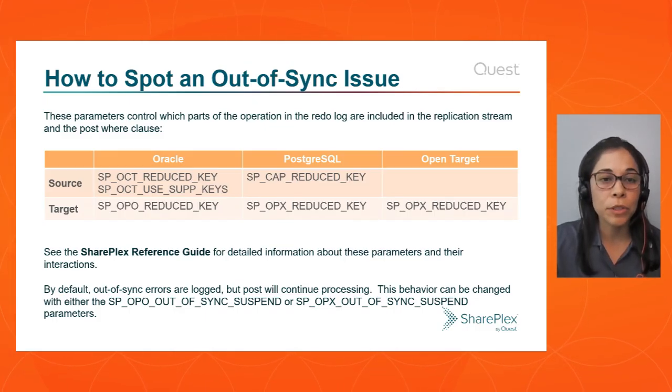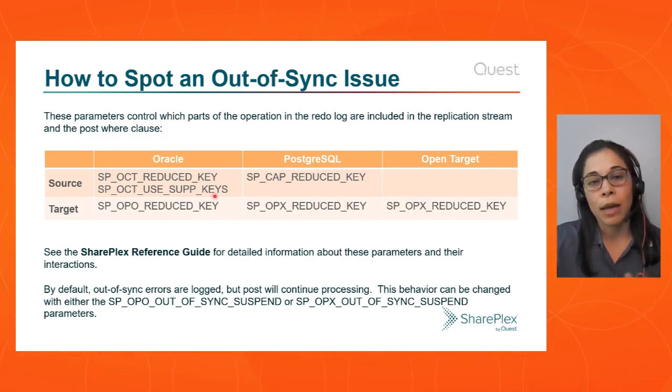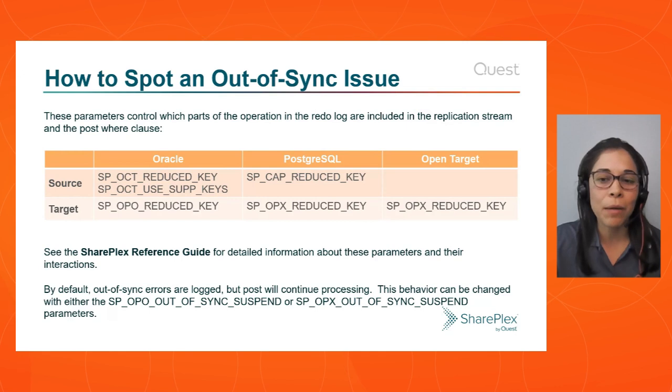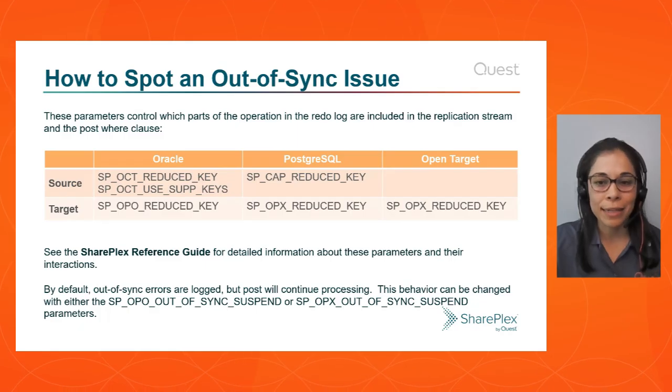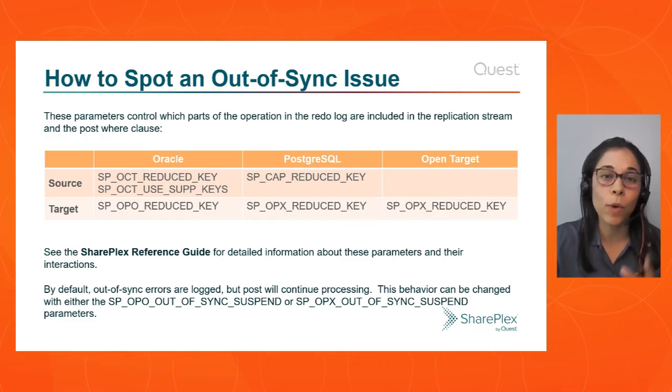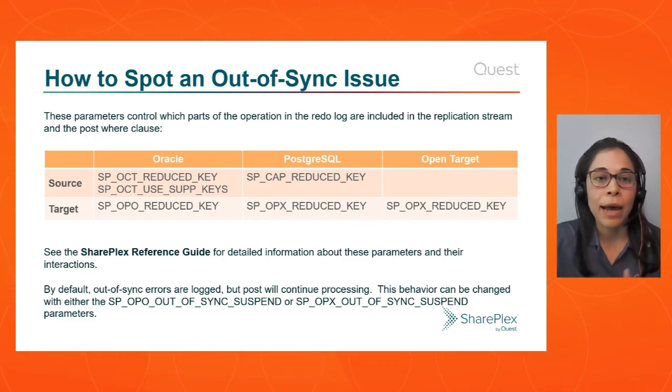Another parameter that you see here is the OCT use sub keys as supplemental keys. This parameter makes SharePlex use Oracle supplemental log columns for updates and deletes. This is going to improve your efficiency, and it overrides the default key selection and requires setting to 1 for open targets. I recommend you go to the SharePlex reference guide for detailed information on this parameter and how to configure these parameters.